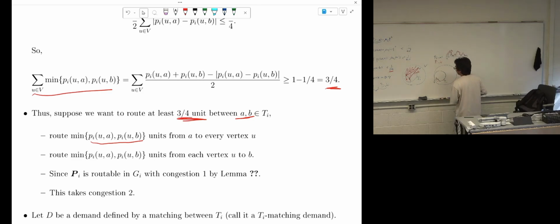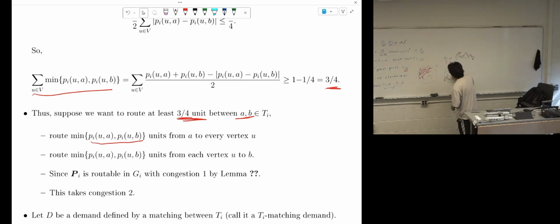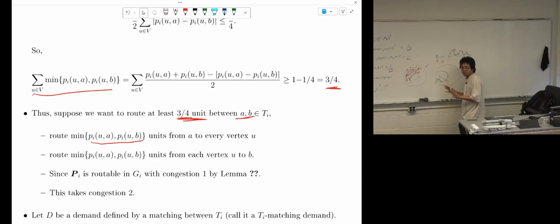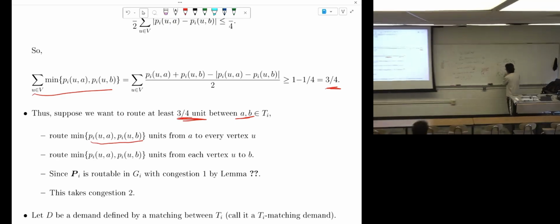But if I want to route from A2 to B2 as well, at the same time, I can do it too. I can just route from A2 to everyone and from everyone to B2.